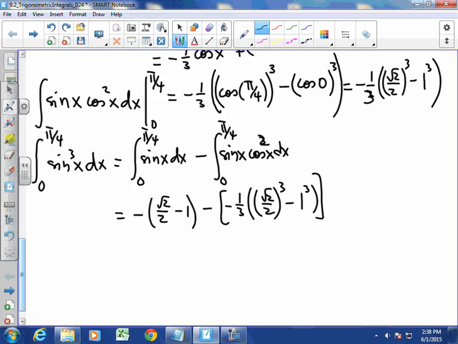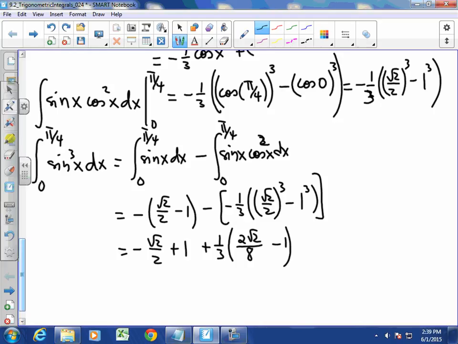If you take away the parentheses on the second one, you get negative root 2 over 2 plus 1 for this one, plus 1 over 3 times parentheses, root 2 cubed is 2 root 2, and 2 cubed is 8, minus 1.